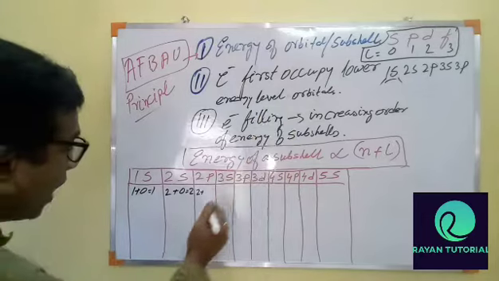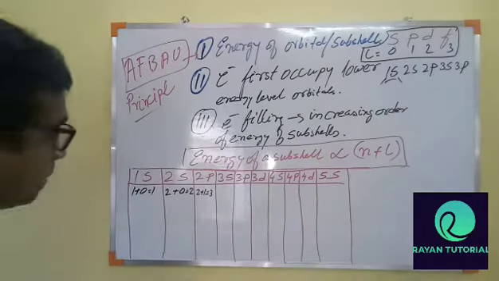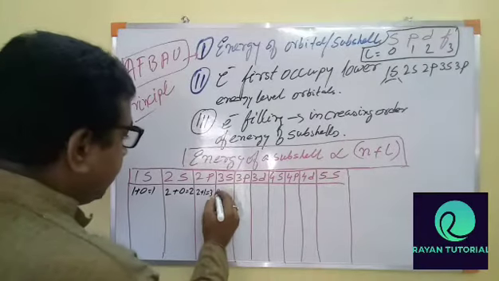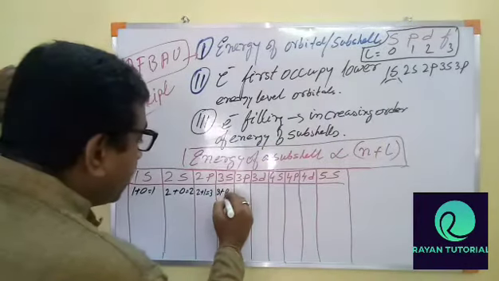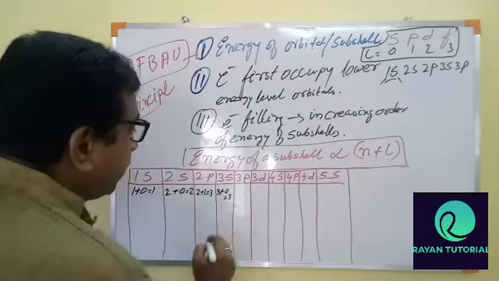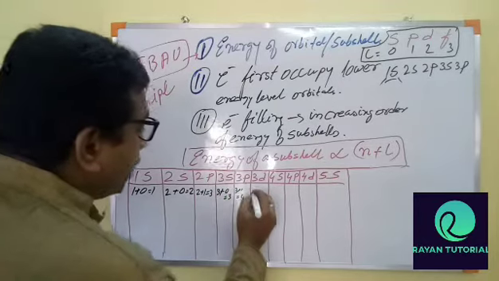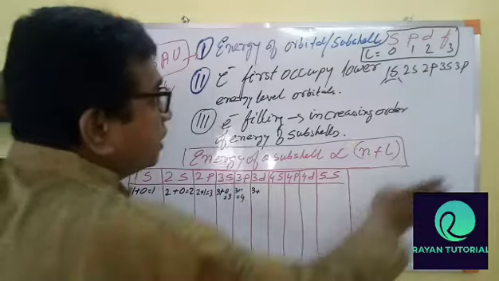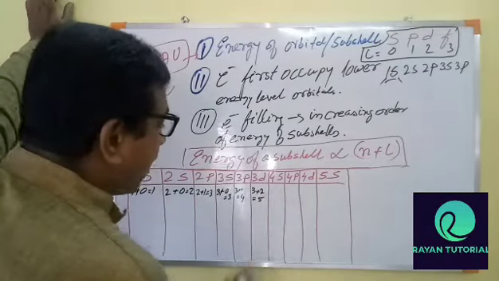P is 1, that means N plus L becomes 3. Then 3s, N is 3, L is 0, so it becomes 3. Then 3 plus 1, it becomes 4. Then 3 plus D, D is 2, so it becomes 5.